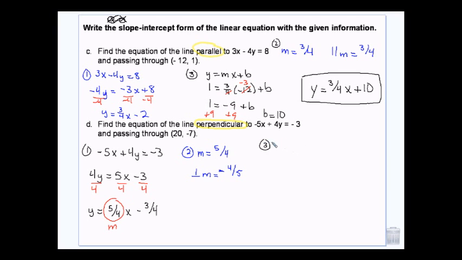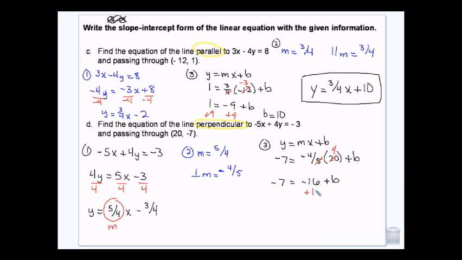And then for my last step, I plug in the point, so negative 7. My slope is negative 4/5. X is 20. 5 goes into 20 4 times. Negative 4 times 4 is negative 16.